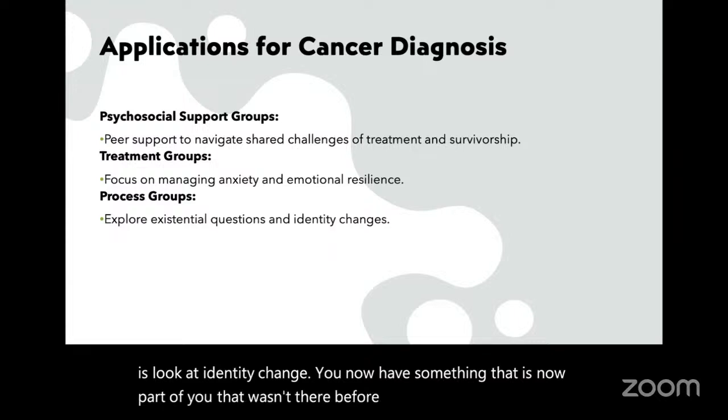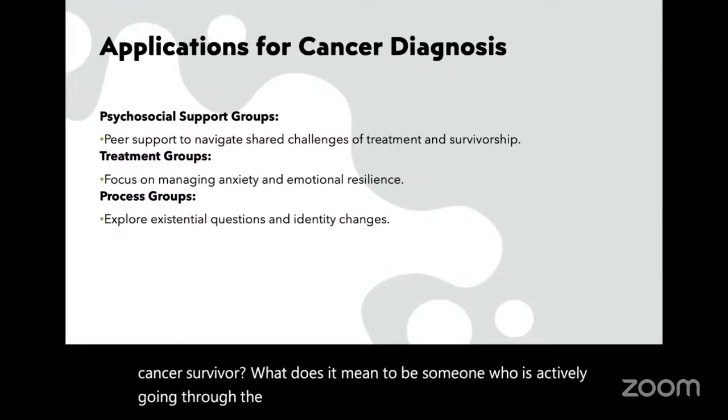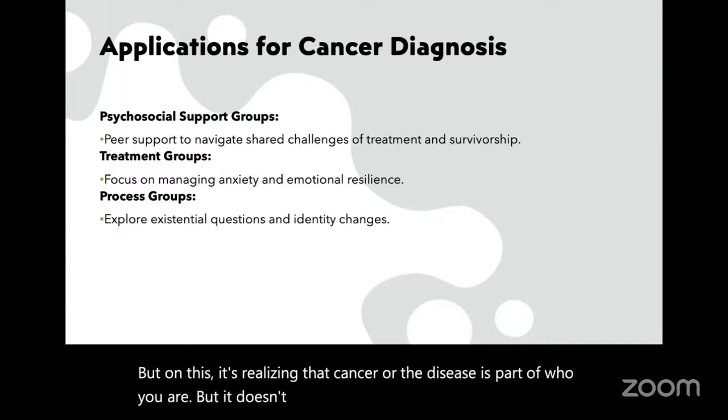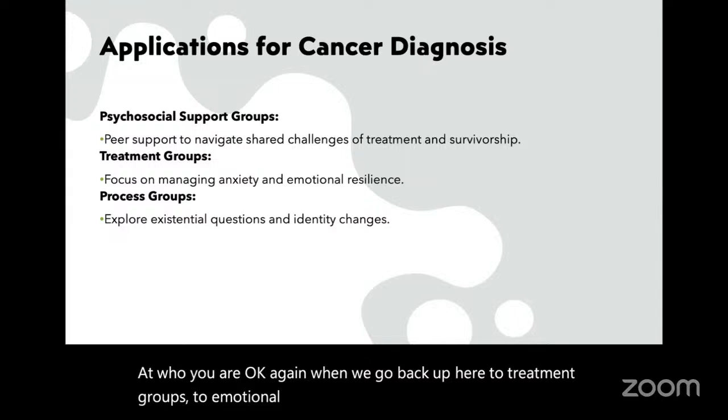So, what does it mean to be a cancer survivor? What does it mean to be someone who is actively going through the disease process? Okay. But on this, it's realizing that cancer or the disease is part of who you are, but it doesn't define who you are.